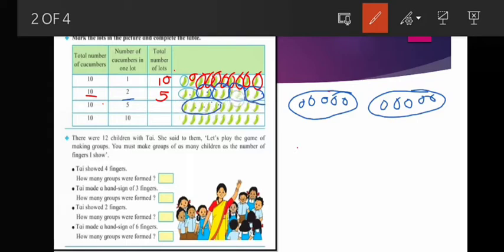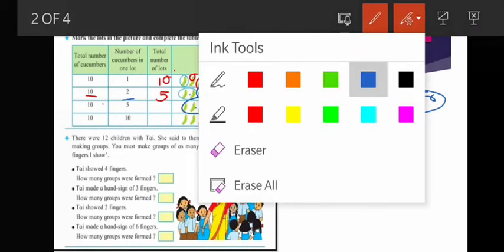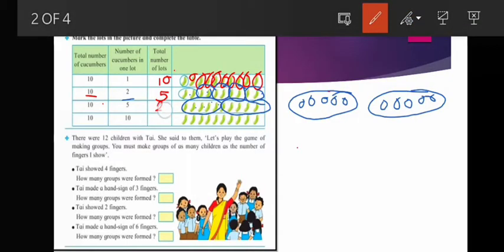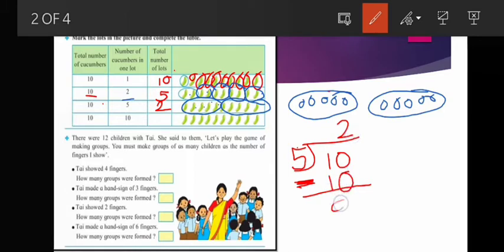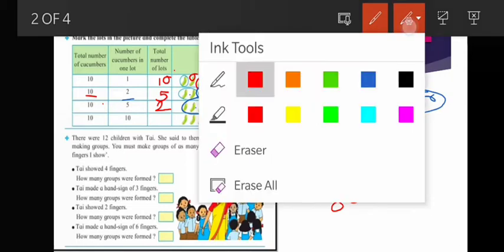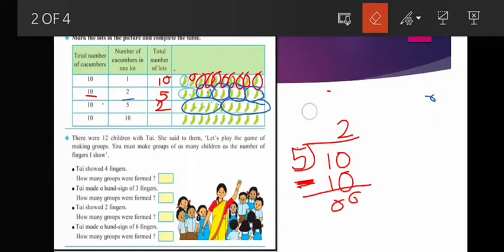Okay, and the other will make another lot. So total number of lots are how many, children? Can anybody tell me? 2. So when you divide 10 by 5, 5 ones are 5, 5 twos are 10. So number of lot is 2, right?